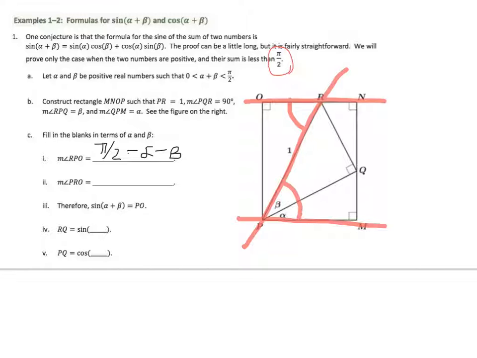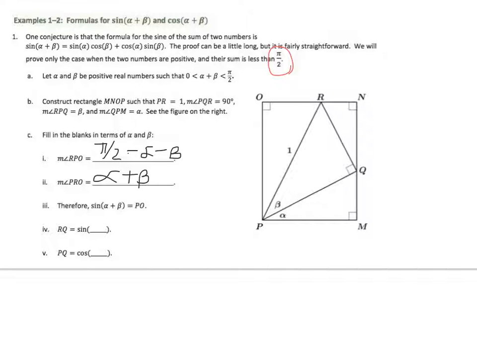Okay, so I can write that that angle is alpha plus beta. And I'm going to erase those parallel lines. Oh no, I'm not? Okay, give me a second, I have to redraw that. It worked, I just had to redraw that.